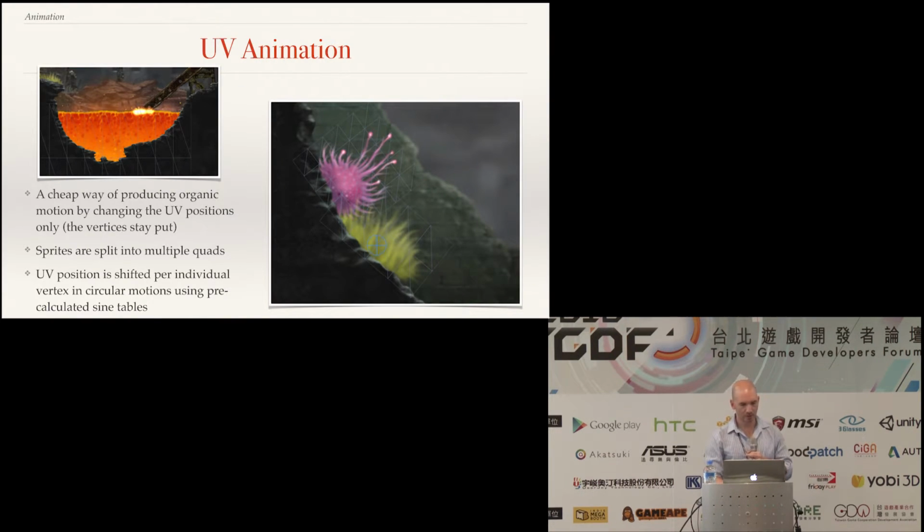UV animation is basically when the sprite is intact, all the vertices stay put, but the UV is the position of the texture that that vertex is pointing to. So all we do is change the UV, and that makes a kind of an organic effect.